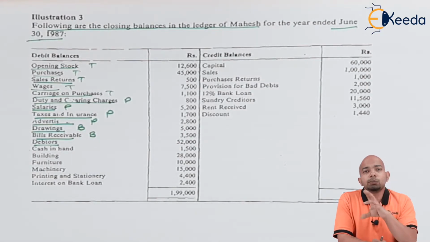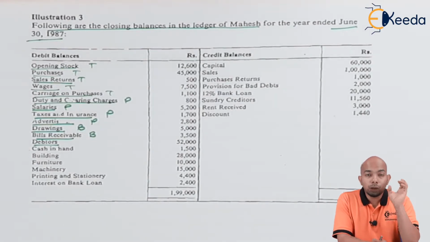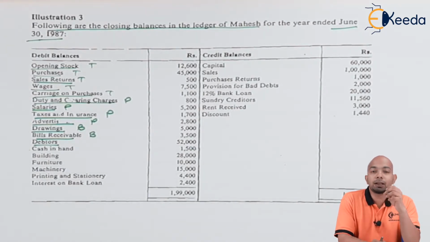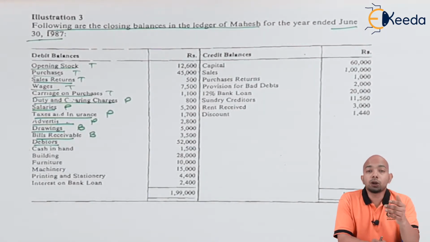So try to keep these amounts in the inner column, which will make your life easy while solving all these trading account problems, or to make sure that all the adjustments that are mentioned in the illustration are incorporated without writing all the totals or without making any additions or subtractions in the outer column, because the outer column should only consist of the total amount or the net amount.